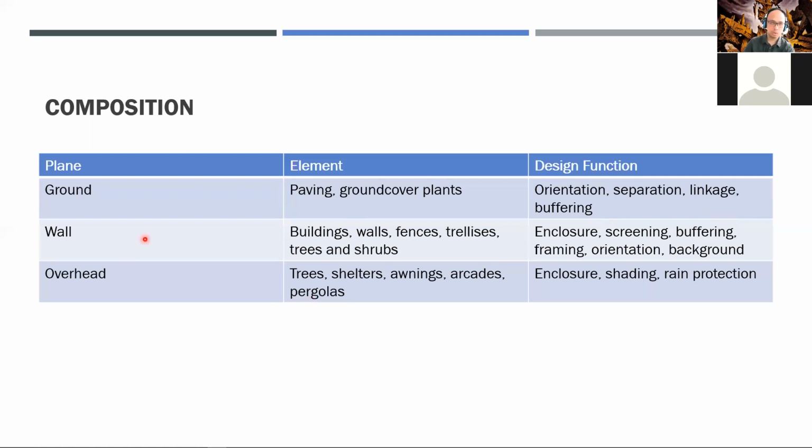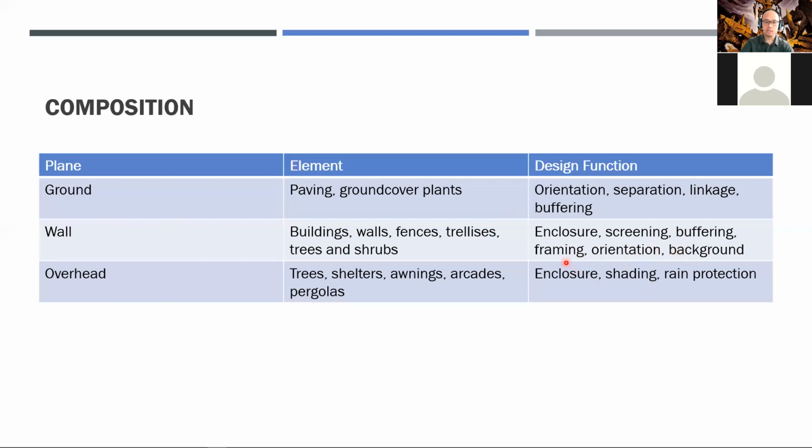Vertical planes such as walls or imaginary walls could be building facades, building walls. They could be fences or trellises. They could be a row of trees that form an imaginary wall, and even shrubs. They can serve as an enclosure. They can help you screen and limit visibility, buffer noise and other unwanted or undesirable elements.